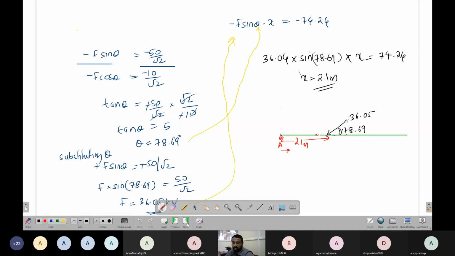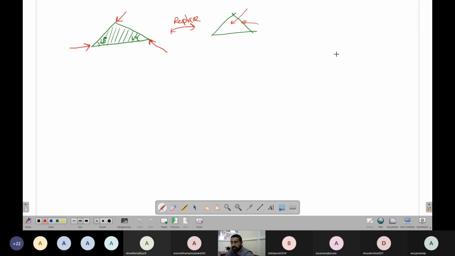So once you are done with that concept, let's say there are a lot of forces acting on this object. We want to shift them to a point.